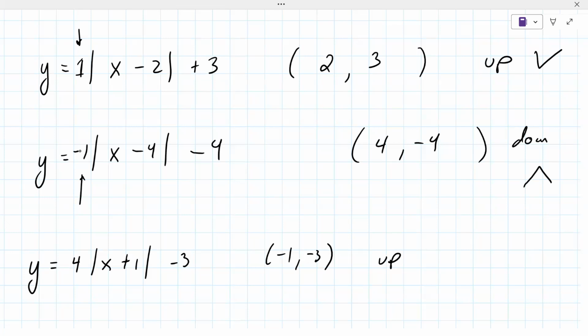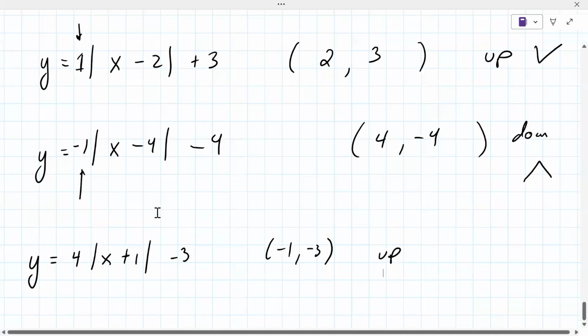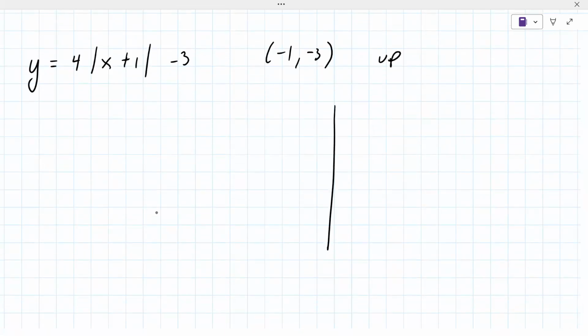Thank you. Okay. If we make a quick sketch of this, -1, -3 is here and it opens up. We still don't need to be accurate with the graph. This is what it kind of looks like. This doesn't look great, but this is what it is.